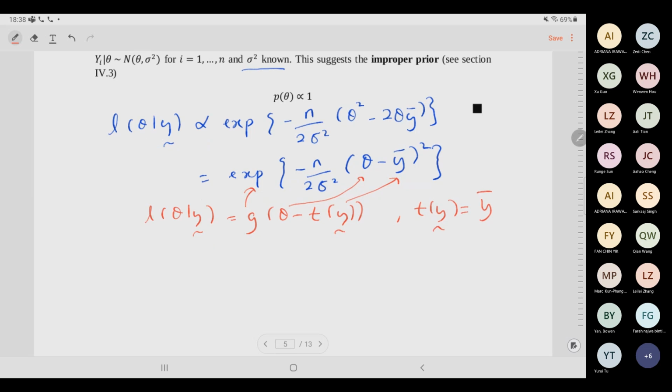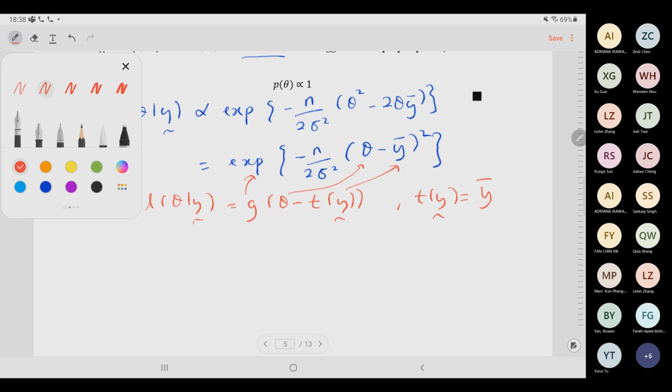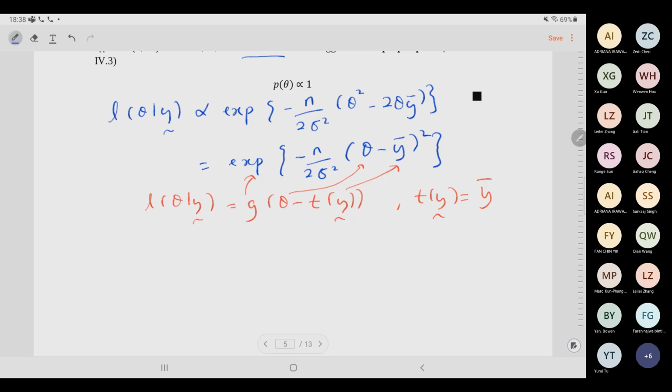If you compare that function, then from the definition before, this is actually a function of your x.